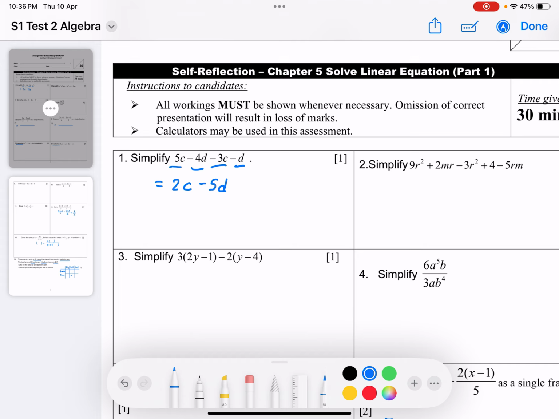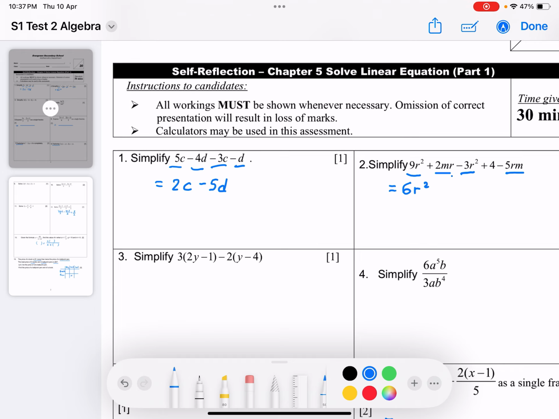In the second sum, we again have to collect like terms. Looking at the r square terms, we have 9r square minus 3r square, which is 6r square. Now we have 2mr and 5rm.